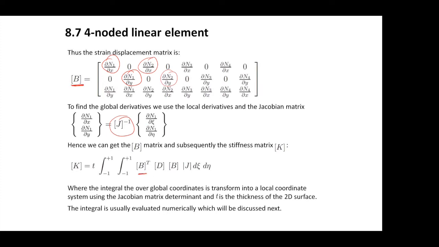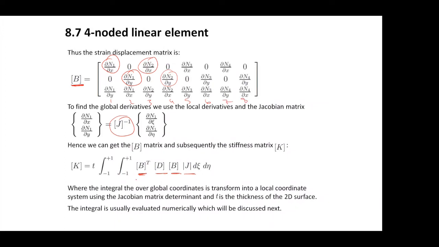Once you have the components of the B matrix, you multiply it with the D, which is the relation we found for the plane strain or the plane stress case, multiplied by G, multiplied by the determinant of the Jacobian, integrated between -1 to +1. And this way you have the stiffness matrix. Now in this case, you have not 6 components, you have 1, 2, 3, 4, 5, 6, 7, 8.